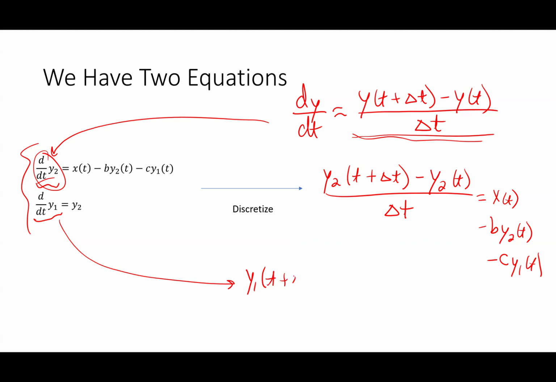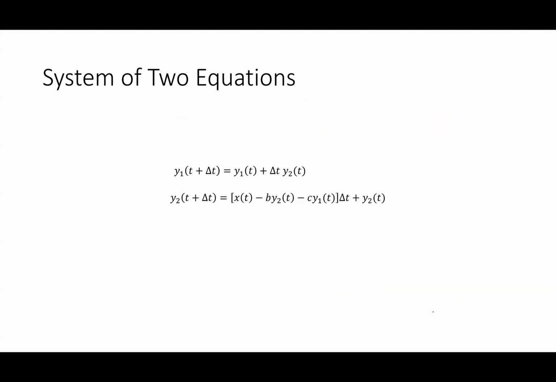Yep, t plus delta t minus y1 of t, just using this result up here, all over delta t equals y2. Now, if I do a bunch of algebra, I basically get this. Right? And you can go through the algebra. All right. What is this? It's a system of two equations.